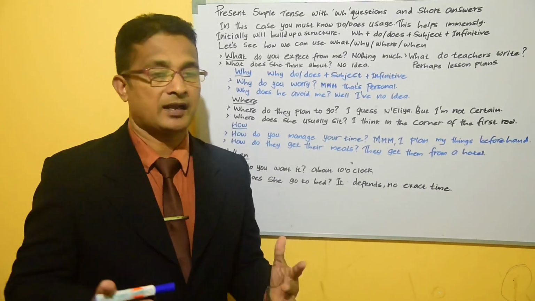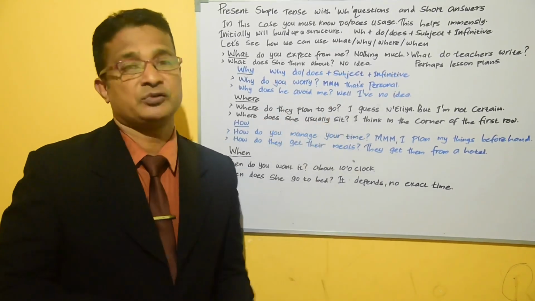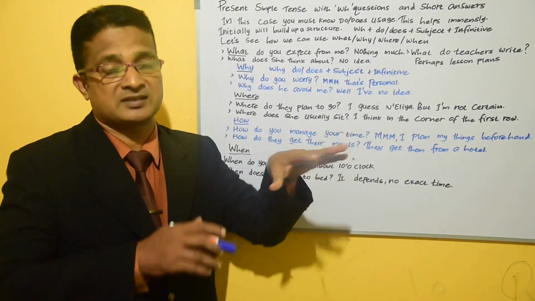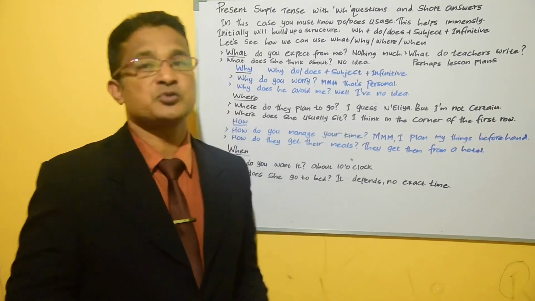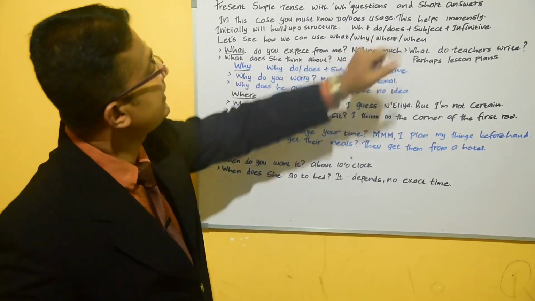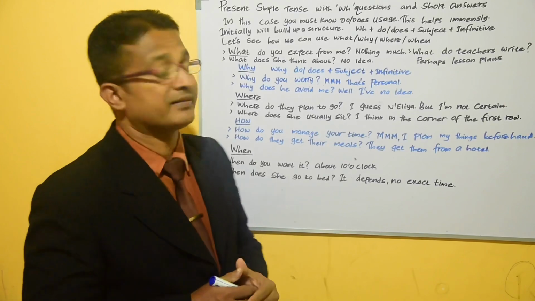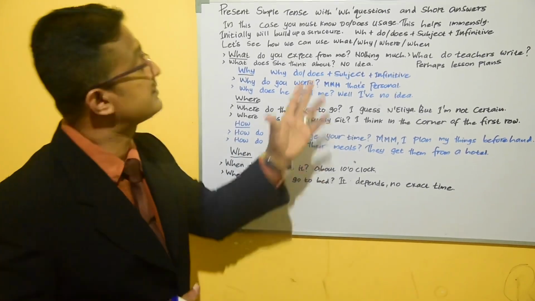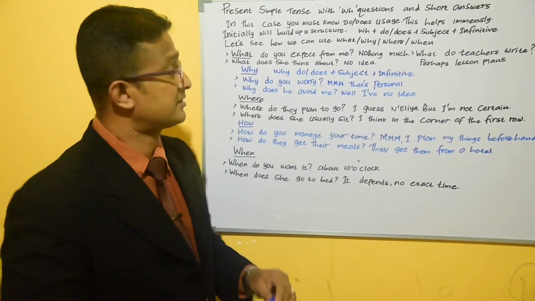As I have taught you how to use do and does very simply, there won't be any issue in that regard, I believe. This usage helps you immensely. Initially, in order to build up a sentence, let me go ahead with a simple structure for you. This structure will help you a lot.